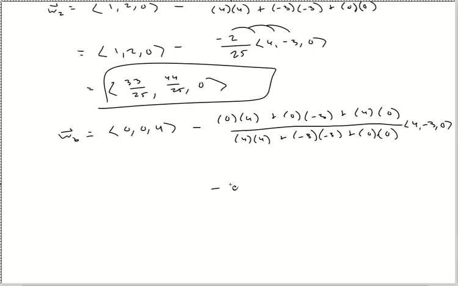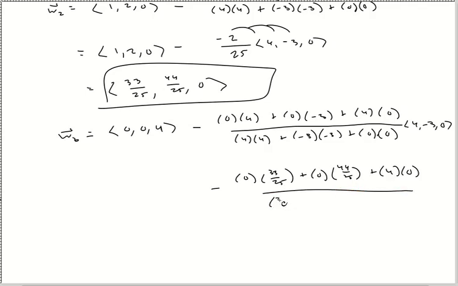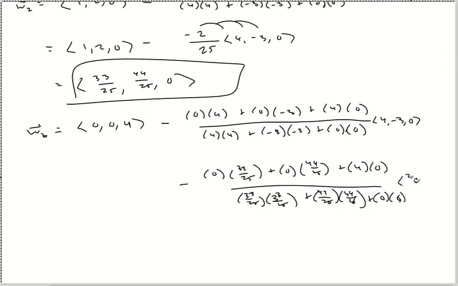The next one, again I'm using my 0, 0, 4, but now with this answer: 33 over 25, 44 over 25, and that last 0. And all this is multiplied by 33 over 25, 44 over 25, 0.